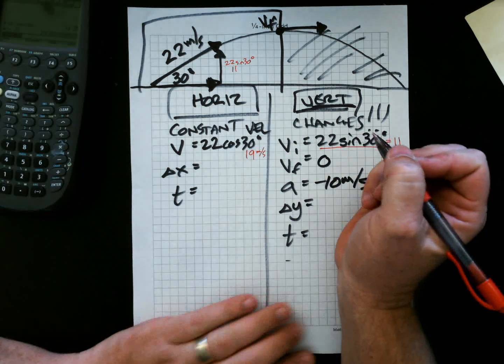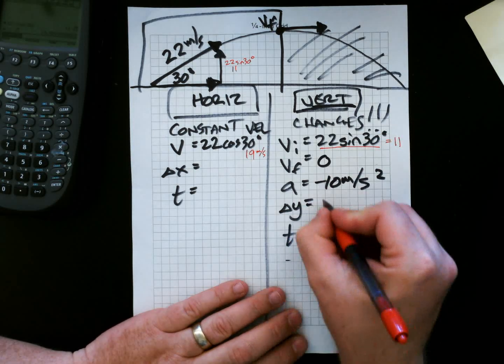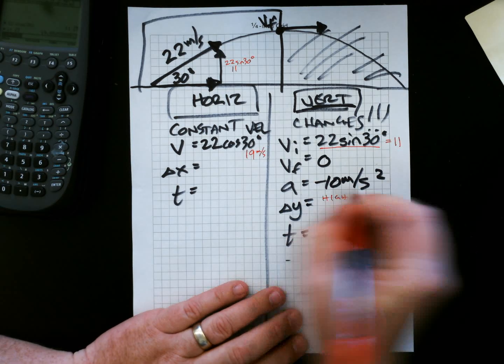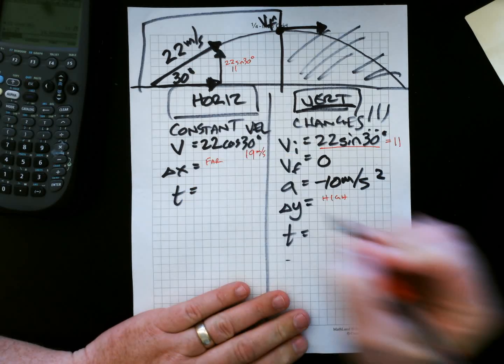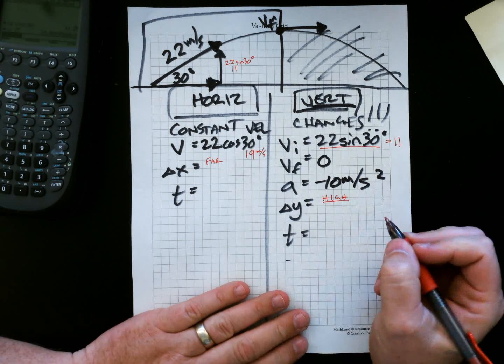So now I just treat it like normal. Ready? This delta y is going to be how high it goes, and this delta x is going to be how far it goes. So how high it goes, let's do that.